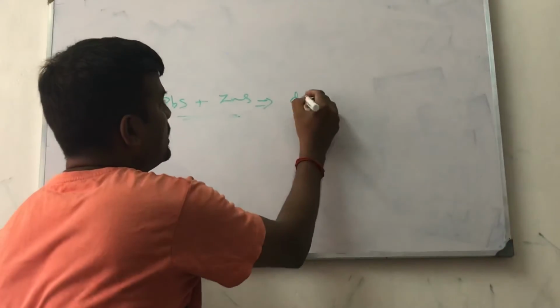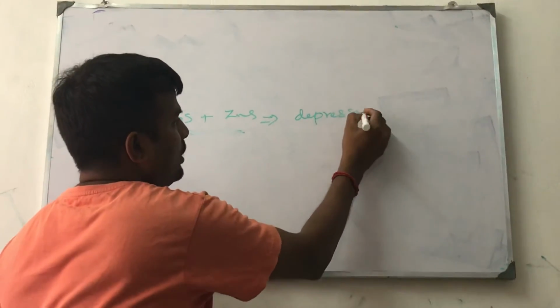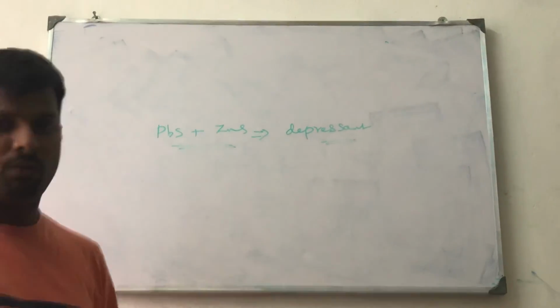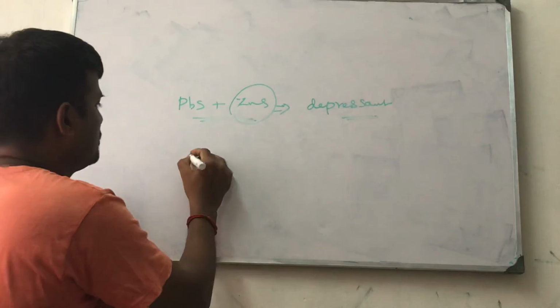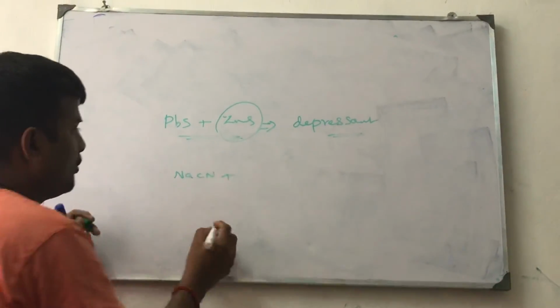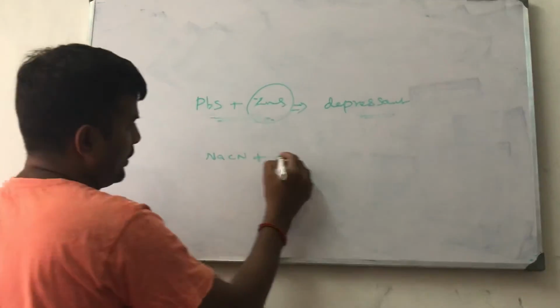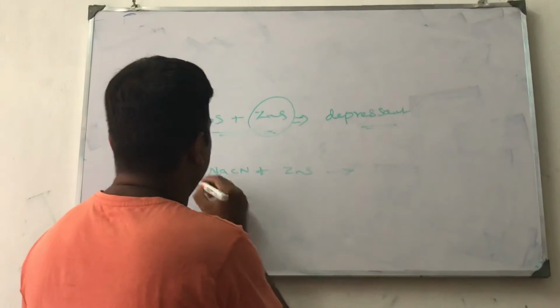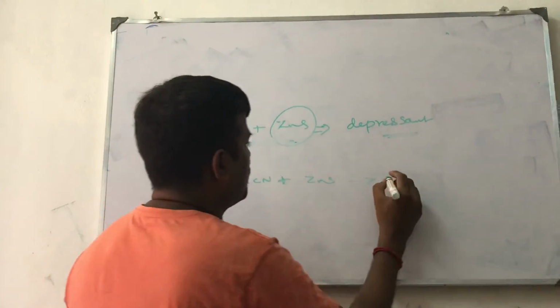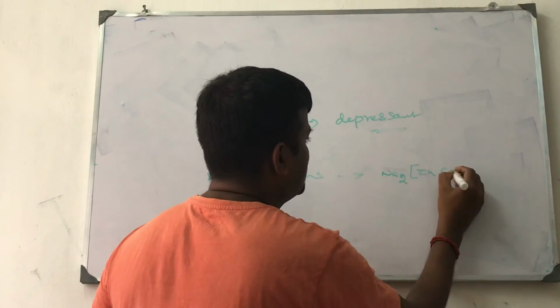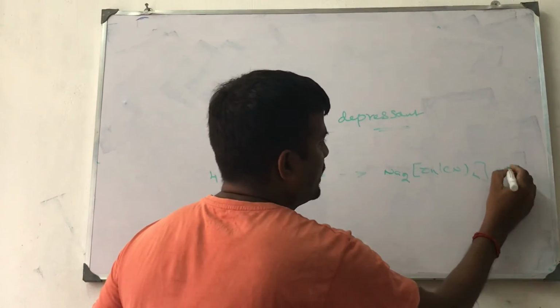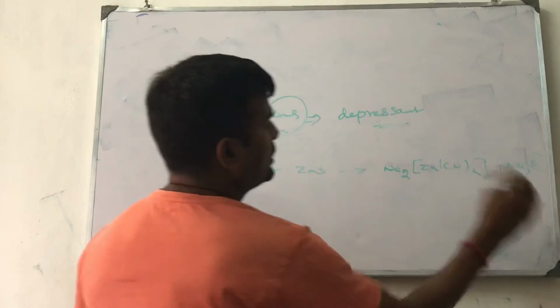For that we use a depressant. A depressant removes one of the materials, for example sodium cyanide, because it will form a complex with zinc sulfide. Zinc sulfide with sodium cyanide forms Na2[Zn(CN)4] plus Na2S. This is our ore, the lead sulfide.